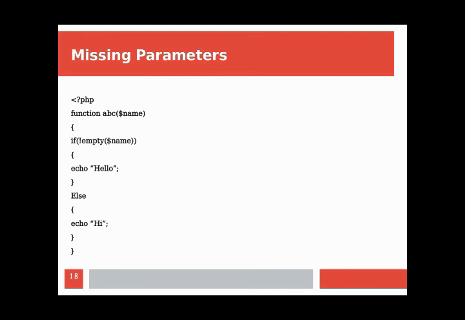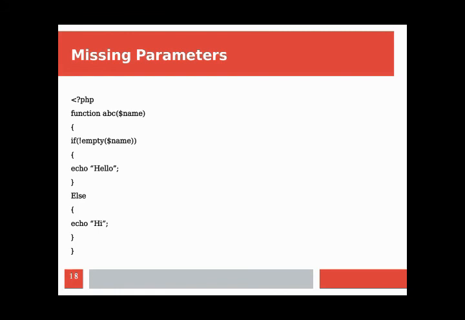For that, at the beginning of the function, left curly bracket, if not empty $name, that means $name is the argument, and not empty $name. Then again in left curly bracket, echo within double quotes hello, semicolon. So when the value is not empty, hello will be printed. Else when it is empty, it will print with echo hi.